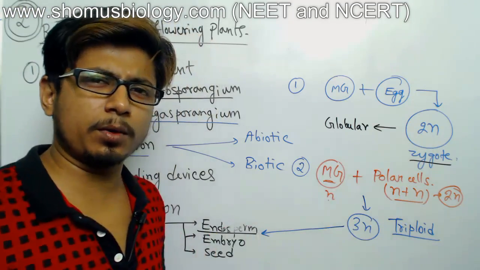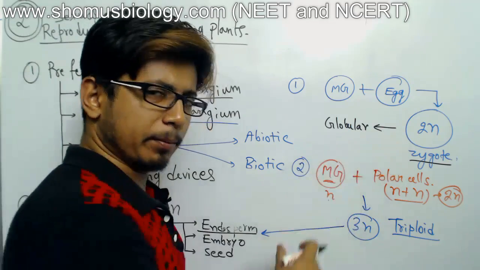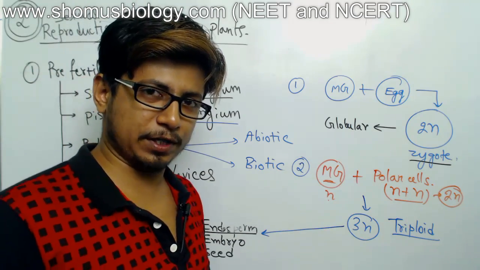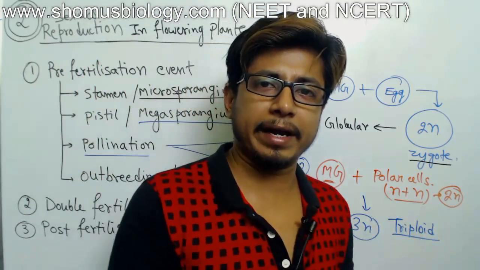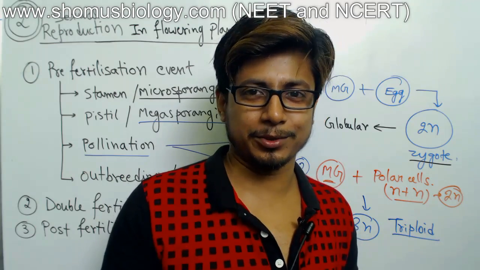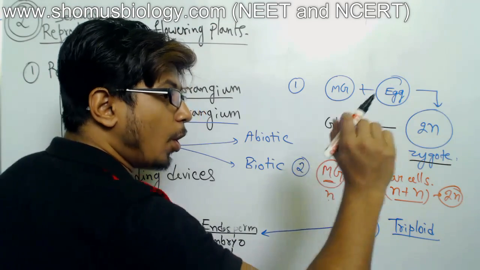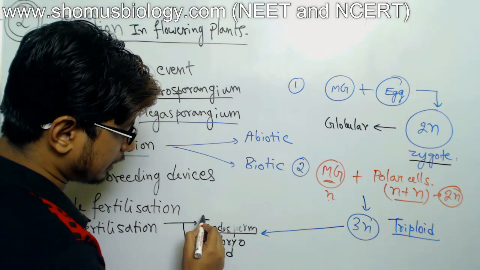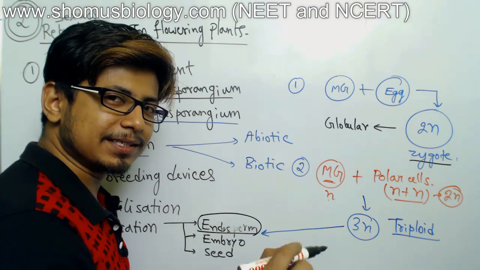Now the zygote, once slightly modified right after the production of endosperm, is known as the embryo, because there is not much difference between a zygote and an embryo. The only difference is that the zygote starts dividing by mitosis, cell division, by taking up nutrients from the endosperm. So the zygote is converted to an embryo only if there is a specific amount of endosperm produced in the cell.